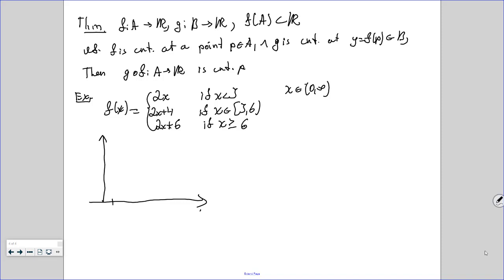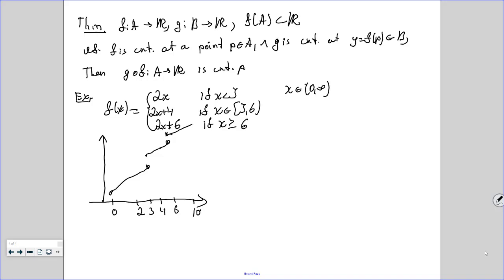To plot this, the function is the following. It goes from 0 to 3, then it has a jump from 3 to, then it goes from 3 to 6, and then from 6.